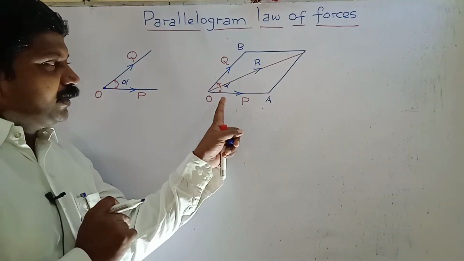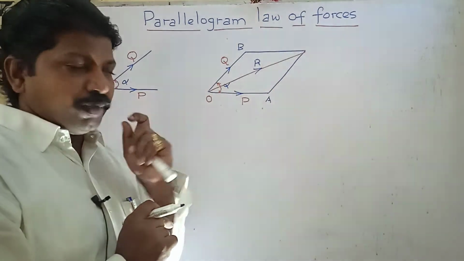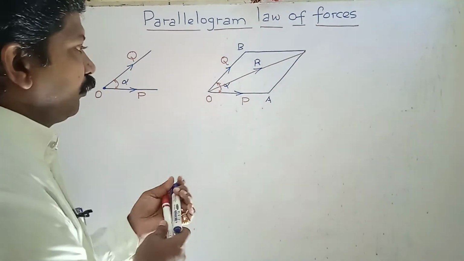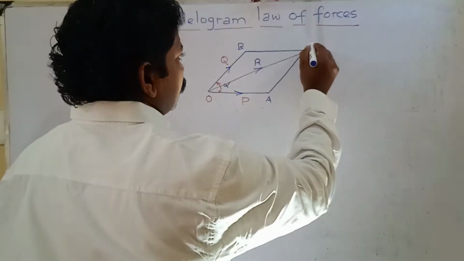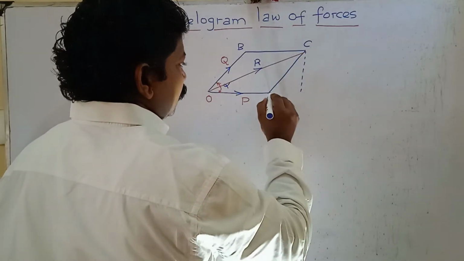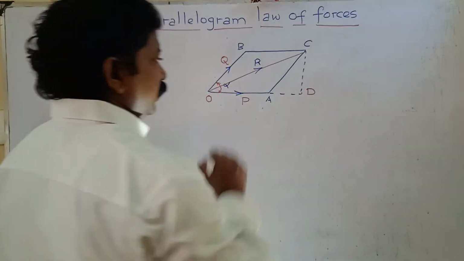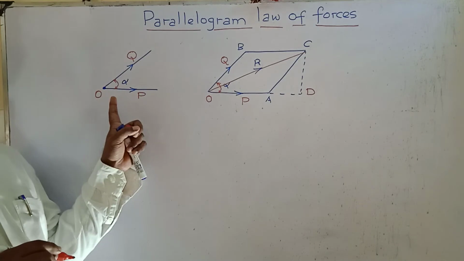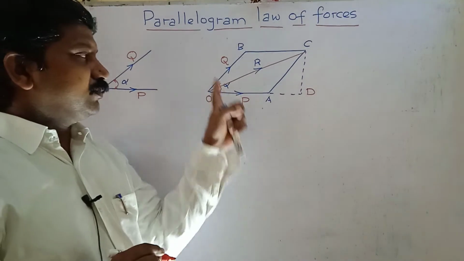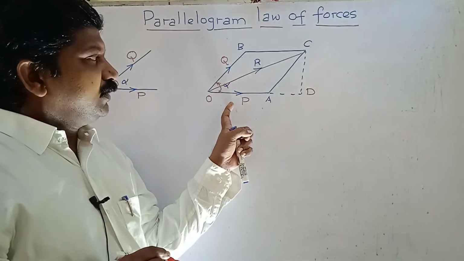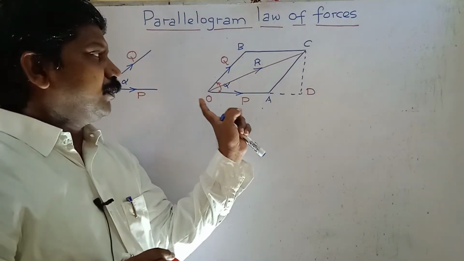Then the resultant is represented in magnitude and direction by the diagonal of the parallelogram passing through that point.